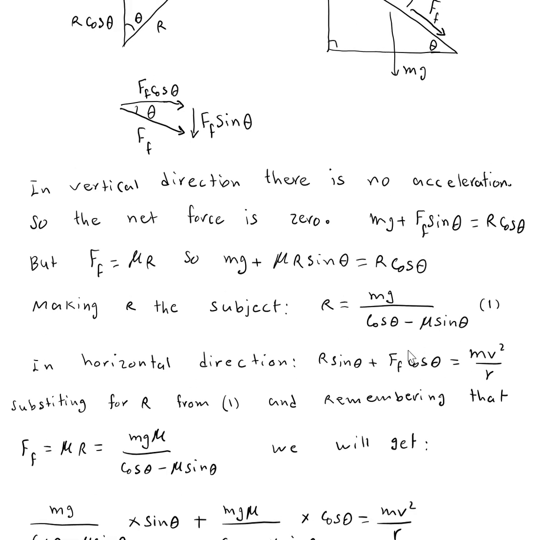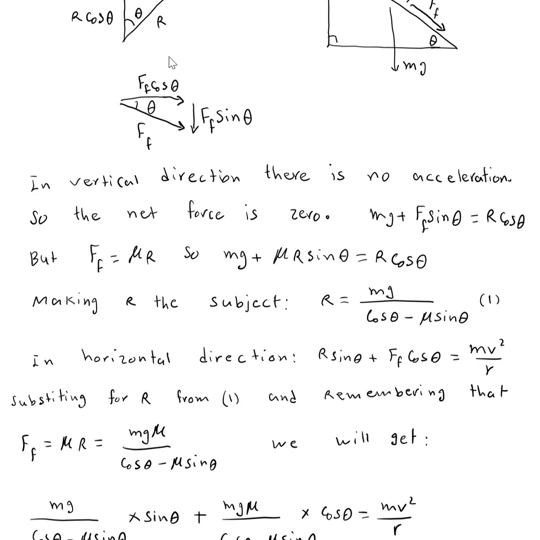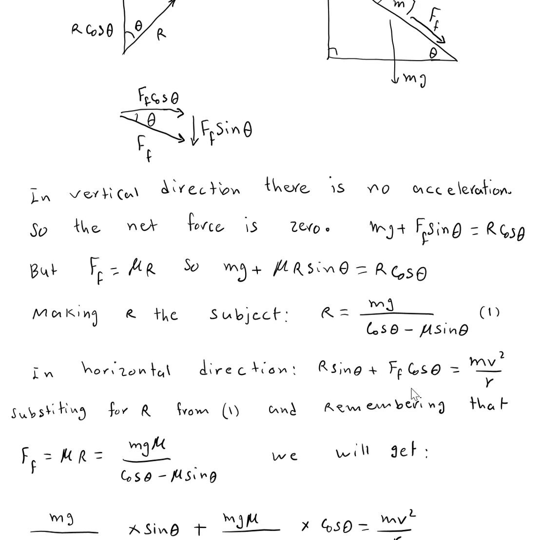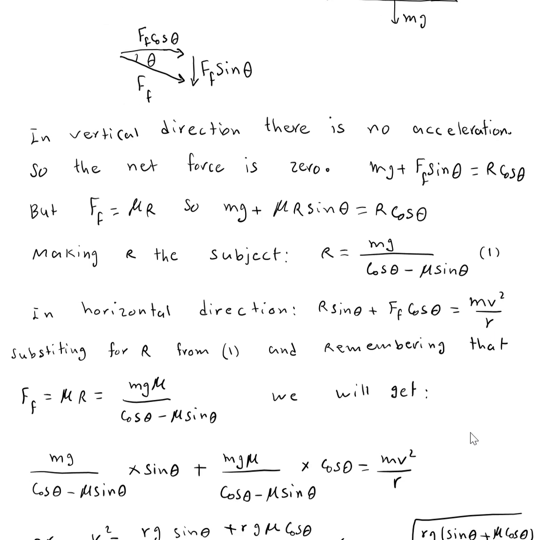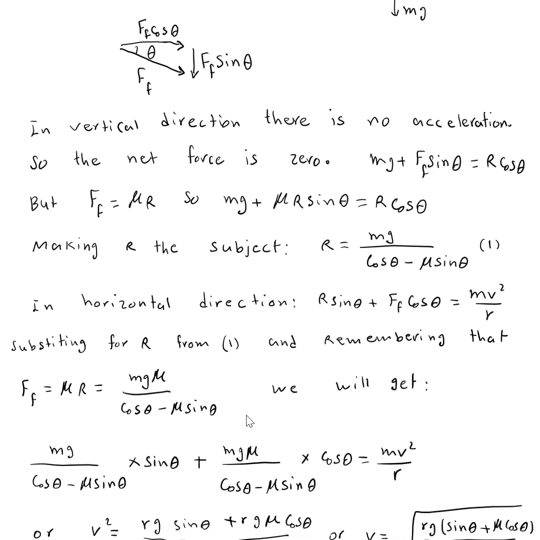Now we look at the horizontal direction. In the horizontal direction, we have two forces, Ff cos theta and R sin theta, both of them acting towards the center. So R sin theta plus Ff cos theta is equal to mv squared on r. Remember, we can replace R with this expression, and we can replace Ff with mu times R. So mu times that.